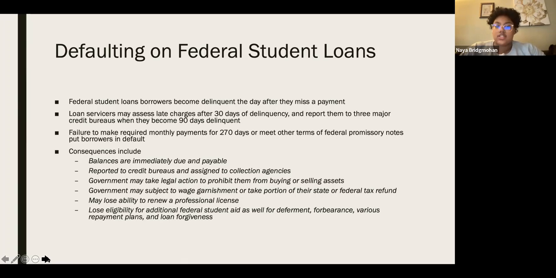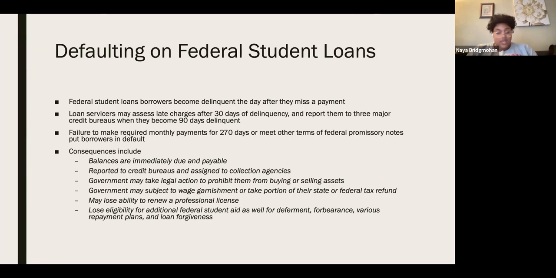Government may take legal action to prohibit them from buying or selling assets. Government may subject them to wage garnishment or take a portion of their state or federal tax refund. So meaning when you file your tax returns and apply to get your taxes back in April or May, they will take that money out of there because your loans are in default. So you want to avoid that because they're going to take all your money and you can't use it for anything else.